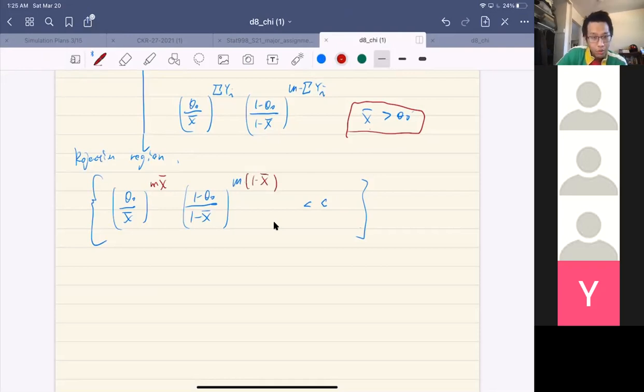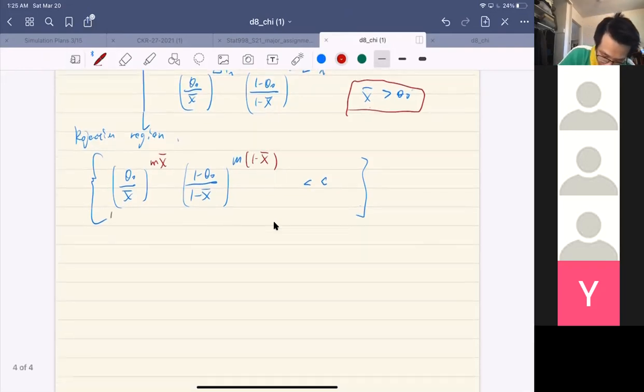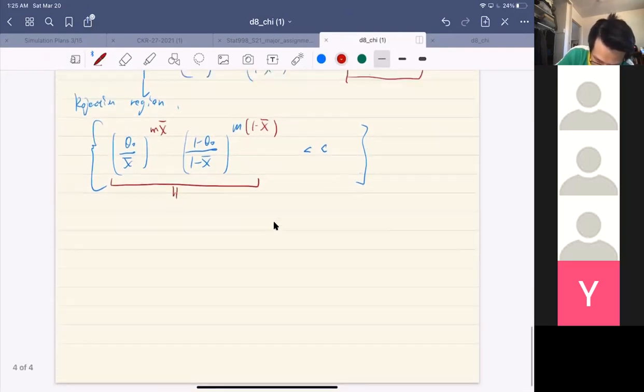So this is just a function of s bar. And we want to know whether this function is increasing or decreasing in s bar.